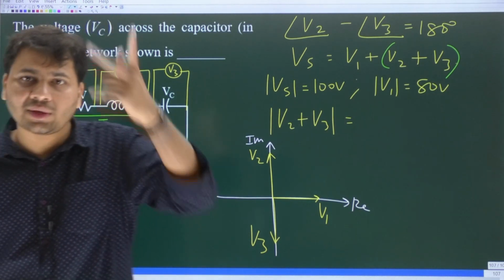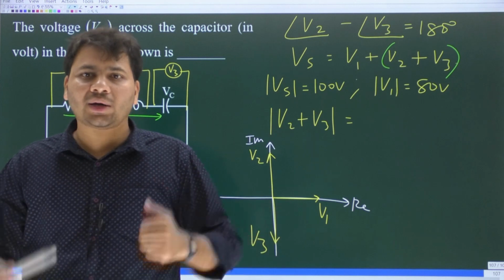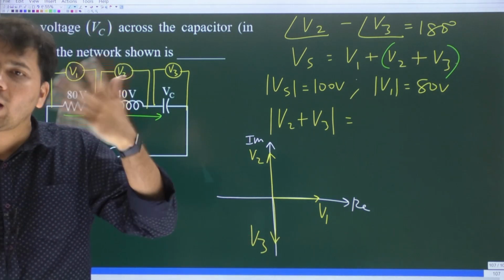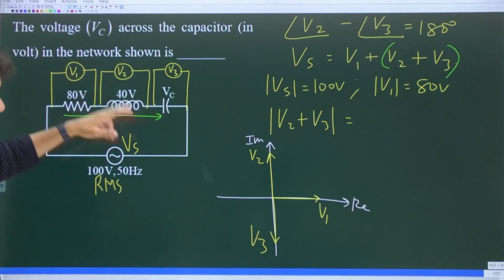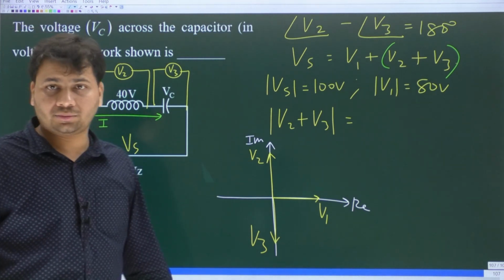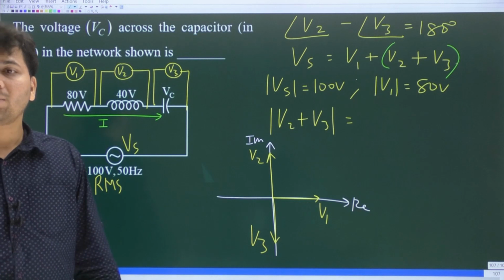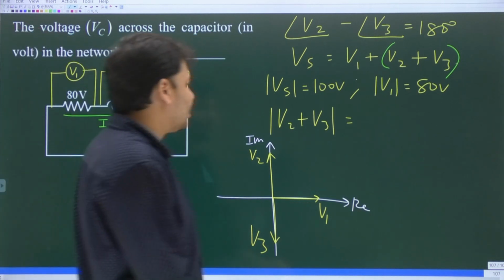And the direction of the resultant phasor will be in the direction of the longer phasor. Already mod V2 is 40.